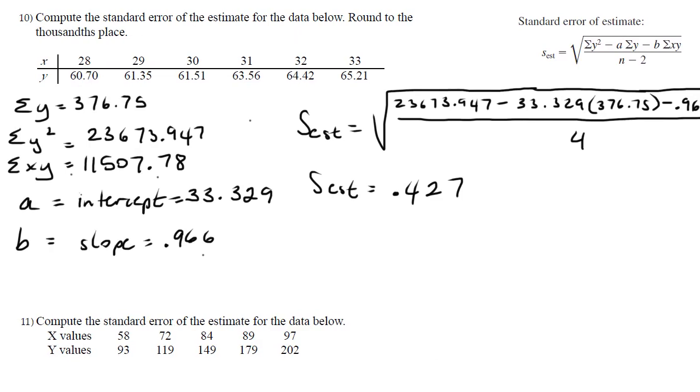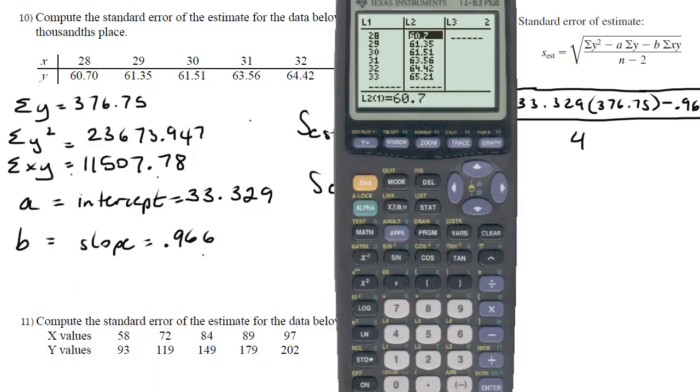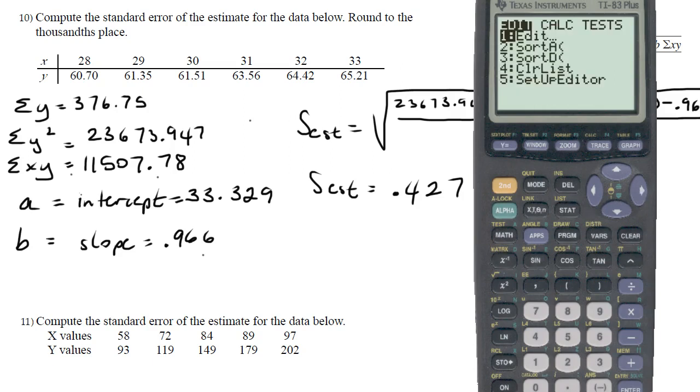But I don't know if it'll make that big of a difference. But here's the other way. Again, all my data is already entered here. So what we can do is go over to stat, and this is a new step. I'm going to go over to tests.